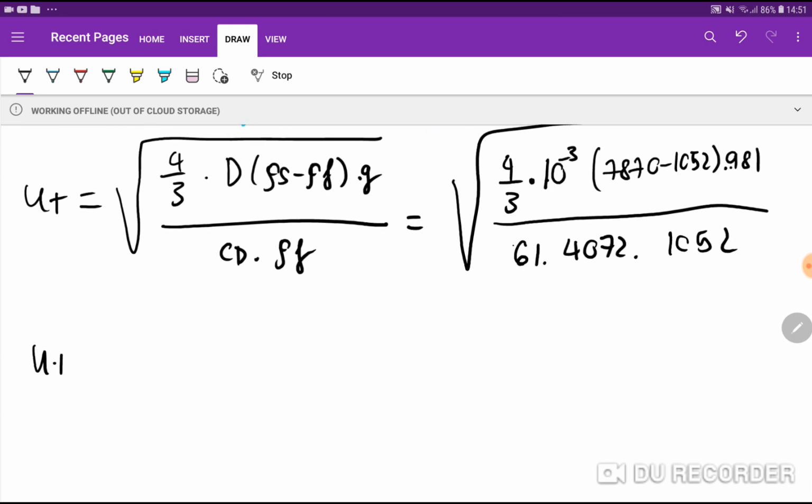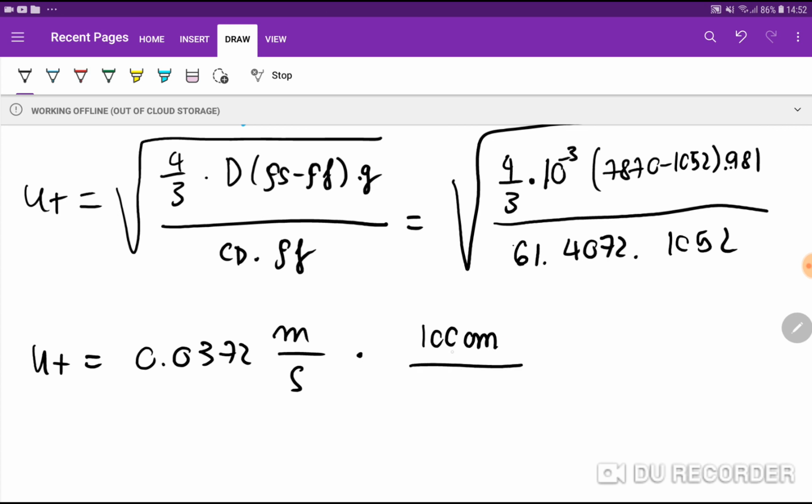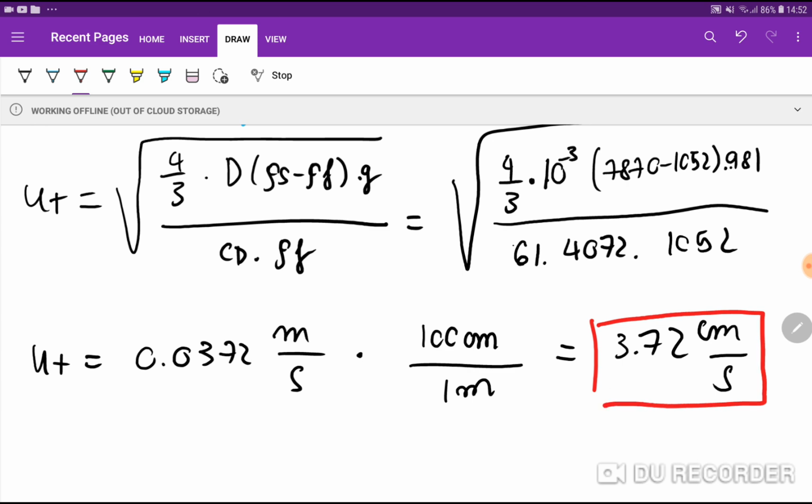So you arrive at 0.072 meter per second as your answer, and you convert it to centimeter per second by times 100 centimeters per 1 meter, and you get 3.72 centimeter per second as your final answer. Okay, thank you everyone for your attention, and that is how you solve for terminal velocity for this particular problem.